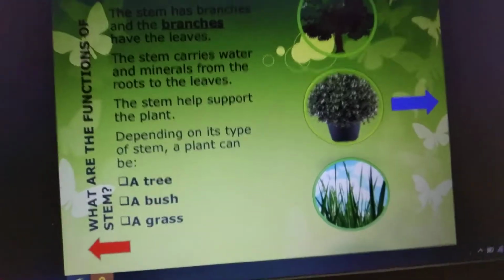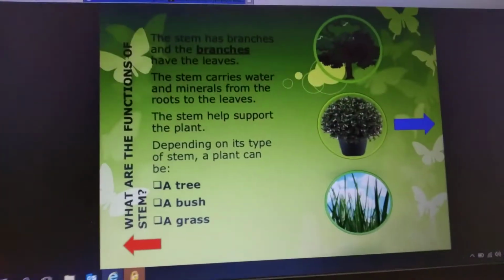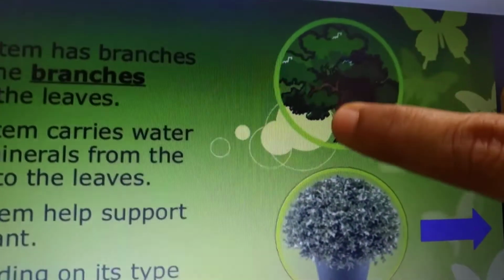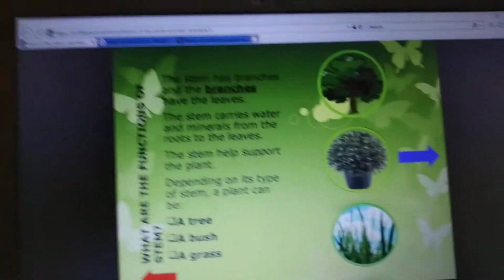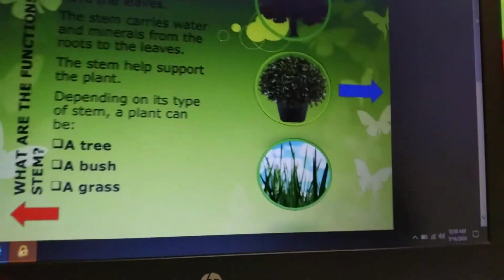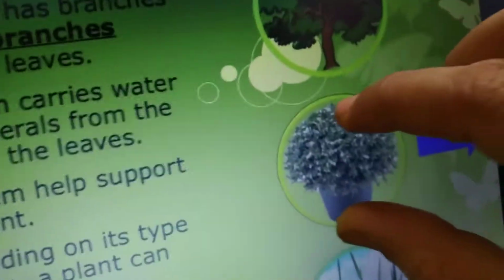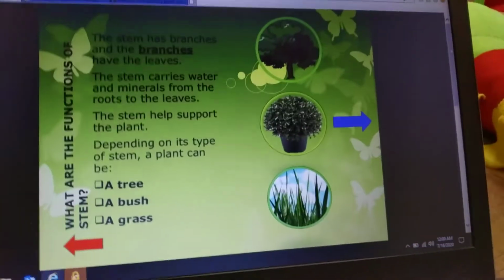Trees like mango and banyan have thick and strong main stems. That type of stem is called trunk. This is called trunk, children. Some plants like coriander have soft green stems. Some plants need support to stand upright and grow properly.